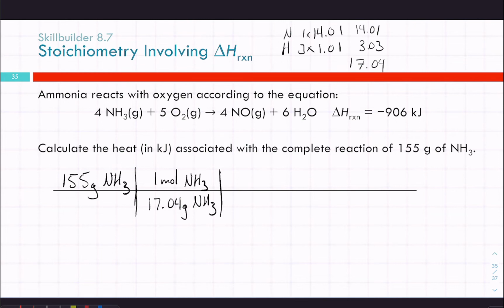Now we can use this molar ratio between moles of ammonia and kilojoules of heat produced. So what's that ratio going to be? Yeah, 4 to 906. So it's just the 4 moles of ammonia to the negative 906 kilojoules.